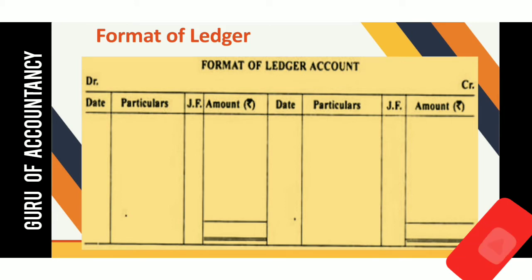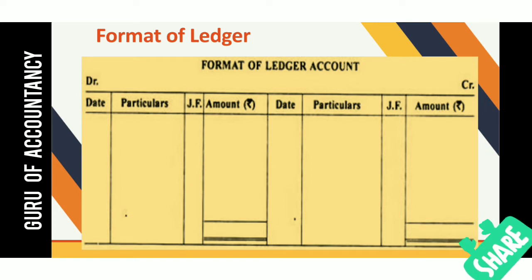Students, you know there are three types of account: personal account, real account and nominal account. In personal account, we talk about debtors and creditors and different types of persons and institutions. So in ledger, we open their accounts and it gives information about them.